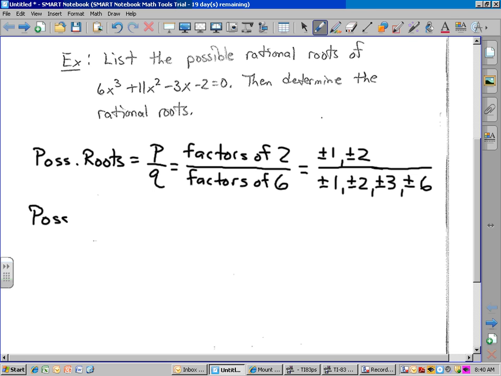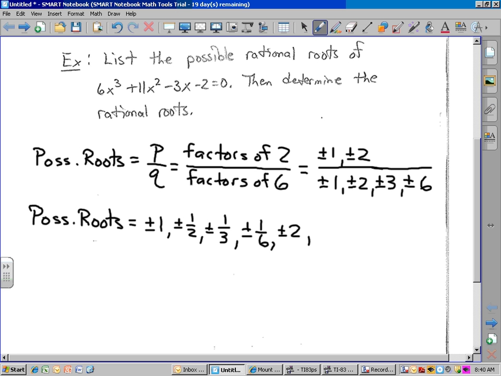So let's divide them out. 1 divided by all of those numbers, 1 divided by 1 is 1, 1 divided by 2 is a half, 1 divided by 3 is a third, and 1 divided by 6 is a sixth. And then we take 2 divided by all those numbers. 2 divided by 1 is 2. 2 divided by 2 is 1.